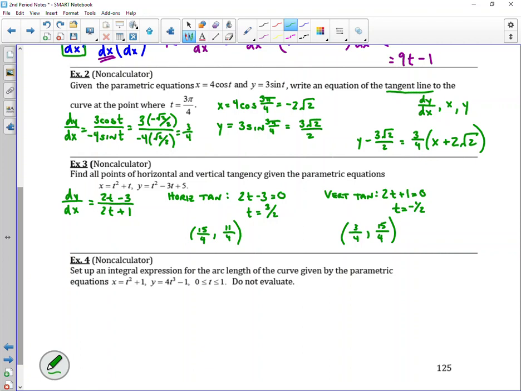Save yourself some time. Oh, negative 1/2 squared is, oh yeah. See, I shouldn't have simplified. Case in point.